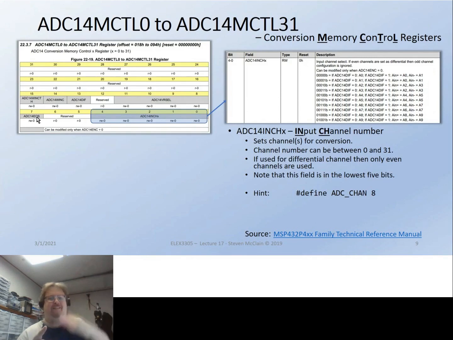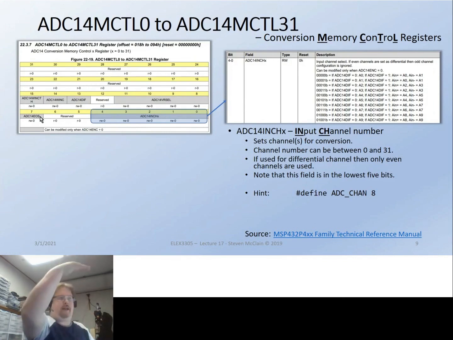And it does the converting automatically, or something? Yeah. When you're writing M control, you're writing the channel into the first bunch of them. But for the last one of your sequence, you write the channel, but you also OR in this bit. And then you set it to convert in sequence mode.